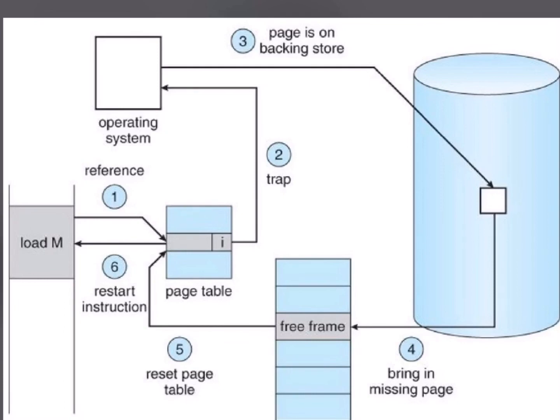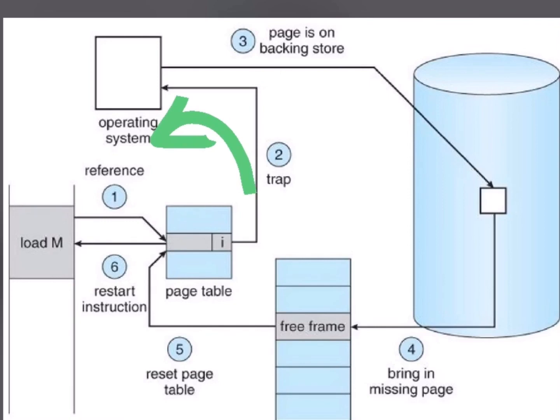I repeat all these steps, please keep them in mind. Let us suppose one instruction is there, called loadm, but it is not available in the particular page. It will be mapped to the page map table, but at that reference the page is not available in the main memory, so the bit is called the invalid bit. The process produces a trap, and it gets to the operating system.